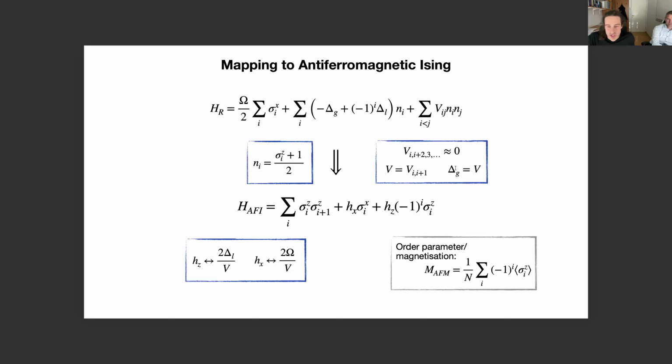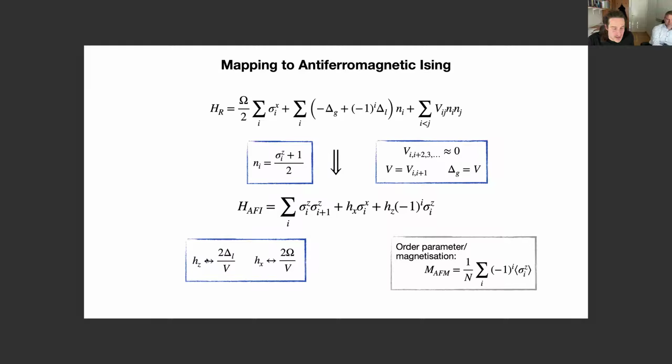And they tune this global detuning such that it equals the potential. You can essentially map to the Ising model. Actually, you can map to the antiferromagnetic Ising model. The phenomenology is essentially the same as I described before, just that now the order parameter is the antiferromagnetic magnetization, because now the order is antiferromagnetic, since this component will select anti-aligned couples. And then again, you have your Z2 symmetry and your two ordered states with this identification.